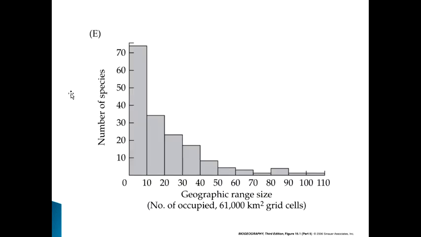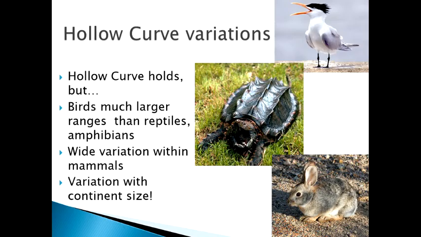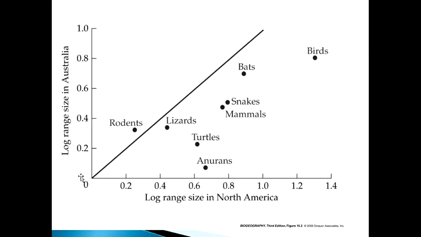And then just another one showing the same thing here, though it's more GIS oriented as far as the number of occupied grid cells. There have been found lots of different variations in hollow curves. Birds have certain features, reptiles have different features, mammals are all over the place. And then there's even variation by continent. So here's range size in Australia versus range size in North America.